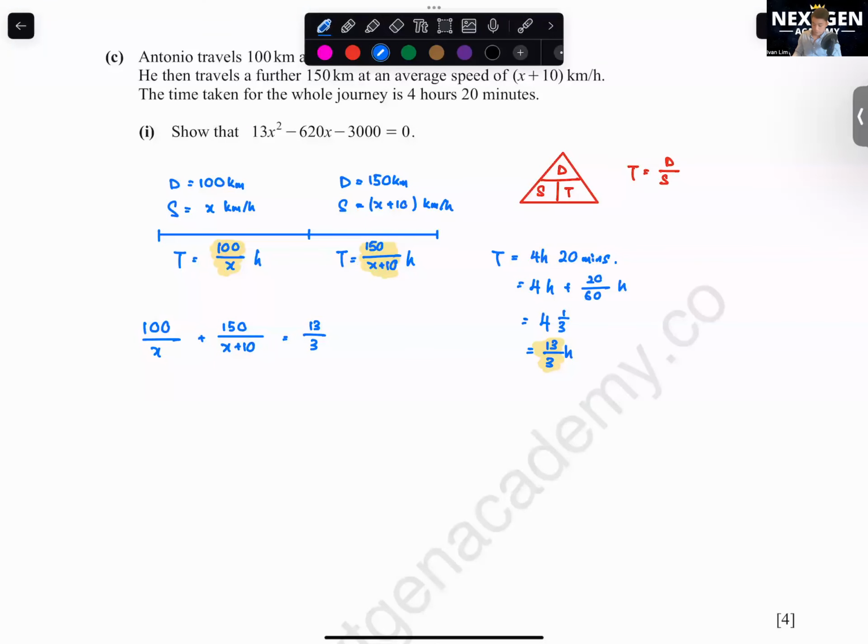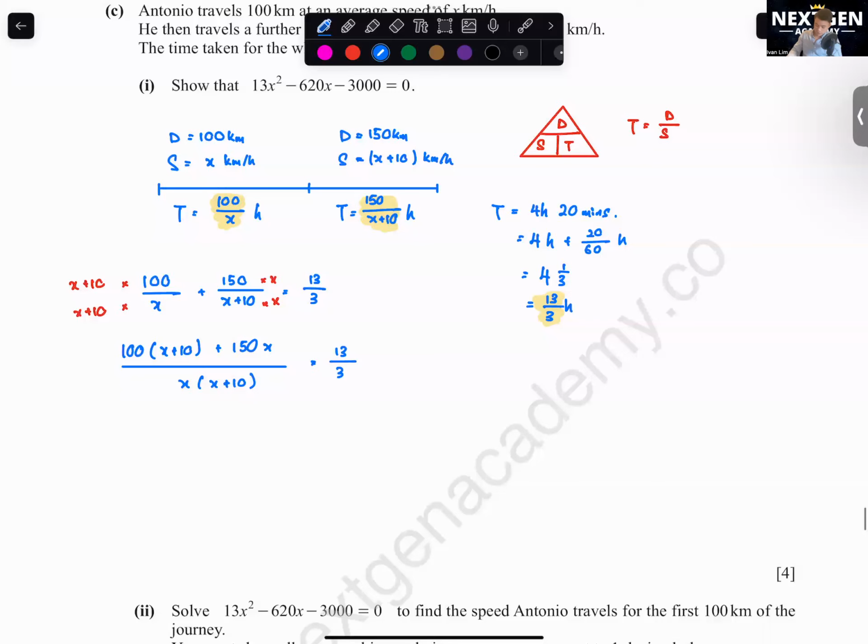We can make the left-hand side into one fraction first. This one multiplies by x plus 10, this one multiplies by x. So here will become 100 times x plus 10 plus 150x over x plus 10 equals 13 over 3.